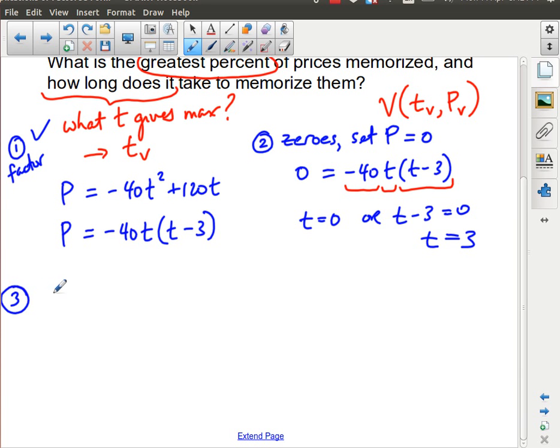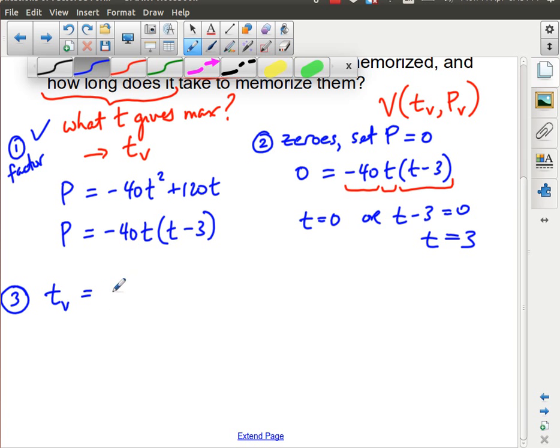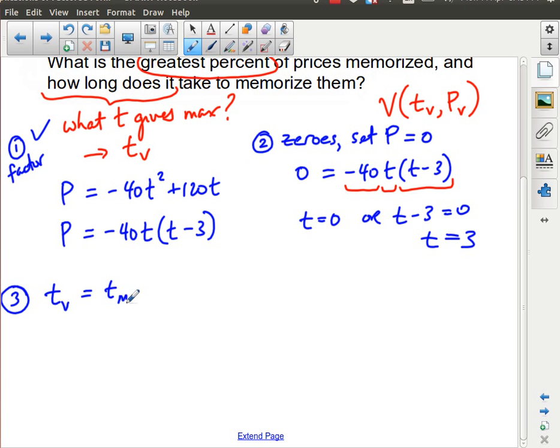We want to find the t value of the vertex. So the t value of the vertex, which is the midpoint, or let's write it another way, that's the t value of the midpoint of the zeros. And the zeros were 0 and 3 divided by 2, which is equal to 3 over 2.